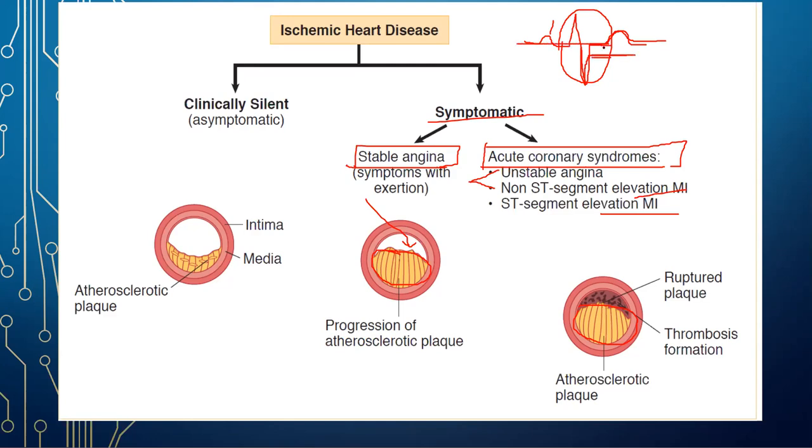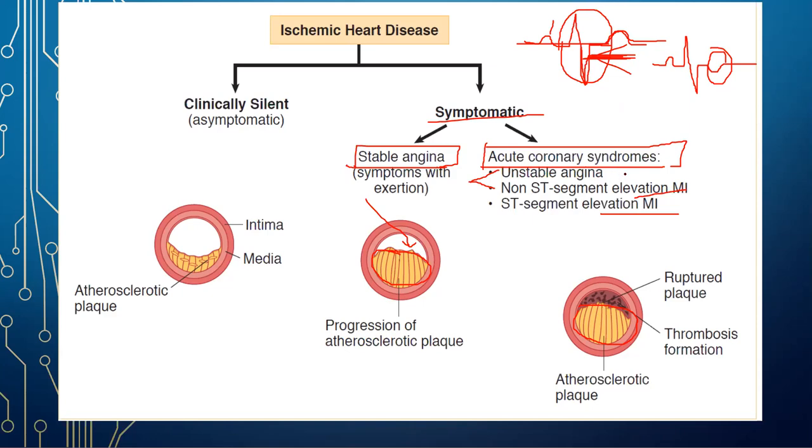Okay, so this is the baseline. This baseline can come down, which is ST depression. It can be like this, it can be like this. So this is ST depression, or sometimes the T wave can get inverted like this. So if you get T inversion or ST depression, you should think about unstable angina or non-ST elevated MI.